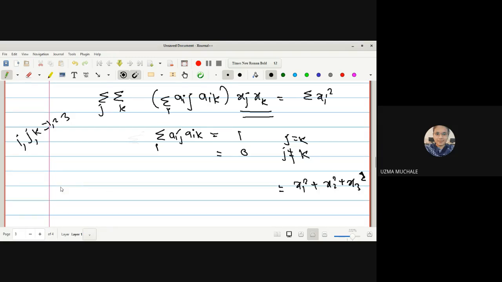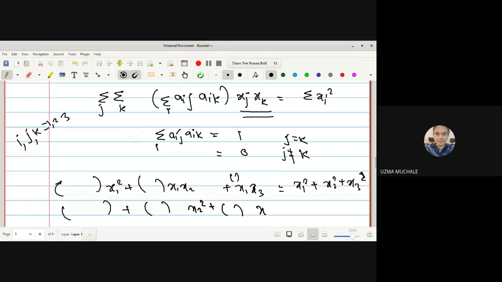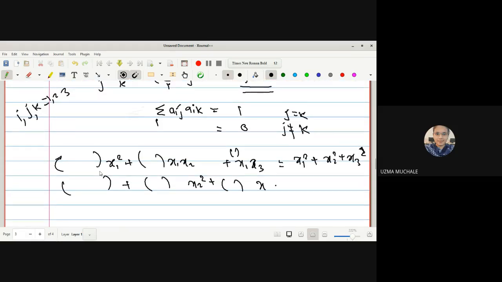And what will be there here? If I run the summation, first it will be x1 square plus some x1, x2 plus x1, x3, correct? Similarly, the second term, x2 square plus again some term, plus next x3 square, and there will be some terms x3, x1 plus x3, x2 plus x3 square.